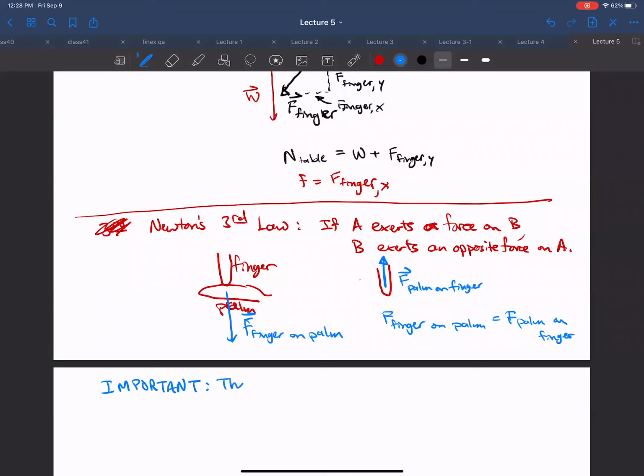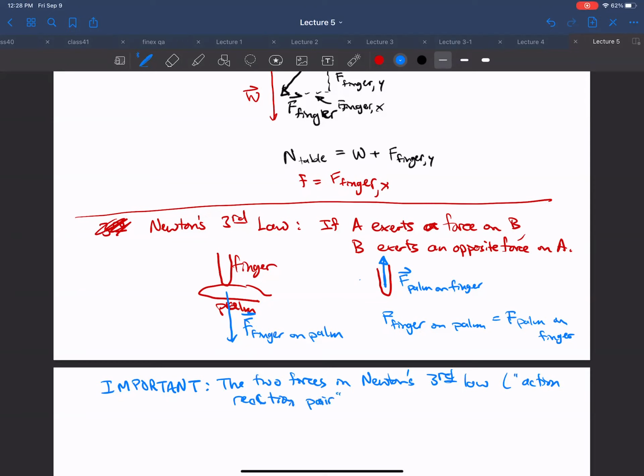So the two forces in Newton's third law, which are sometimes called the action-reaction pair. So the old way of saying it is for every action, there is an equal and opposite reaction, but that's too confusing.